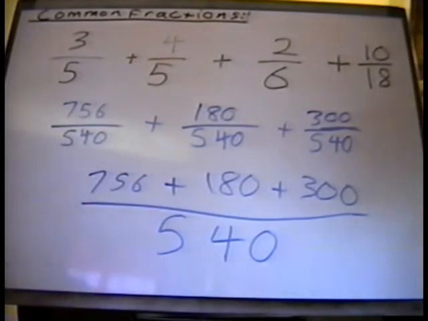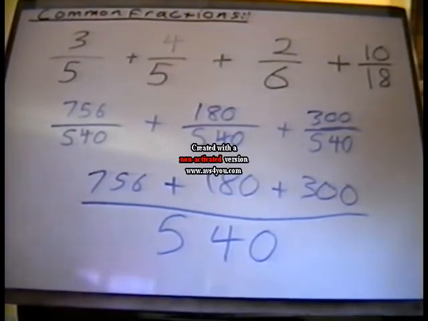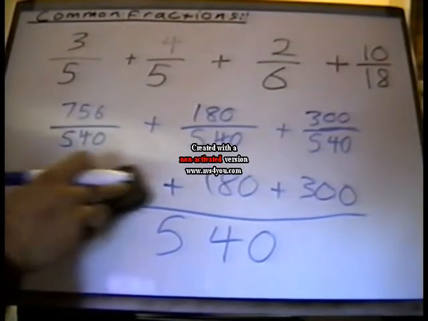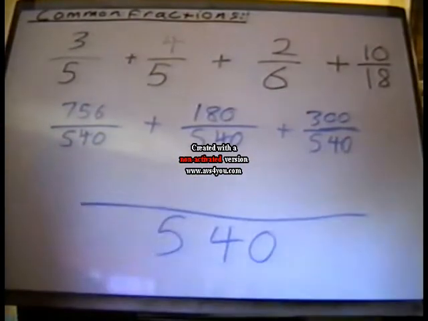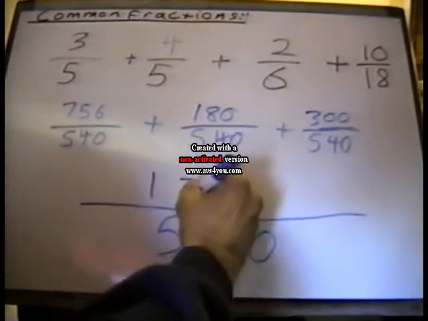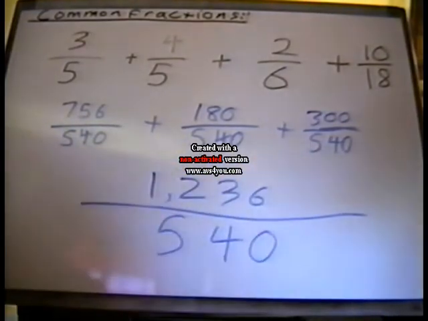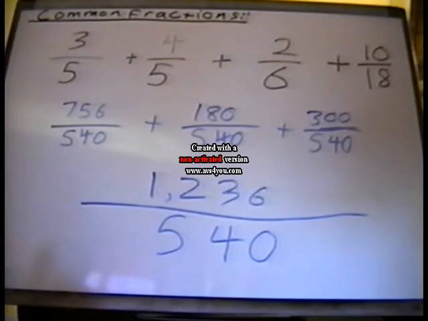And you're going to add that. 756 plus 180 plus 300 is equal to 1,236 over 540. Okay?